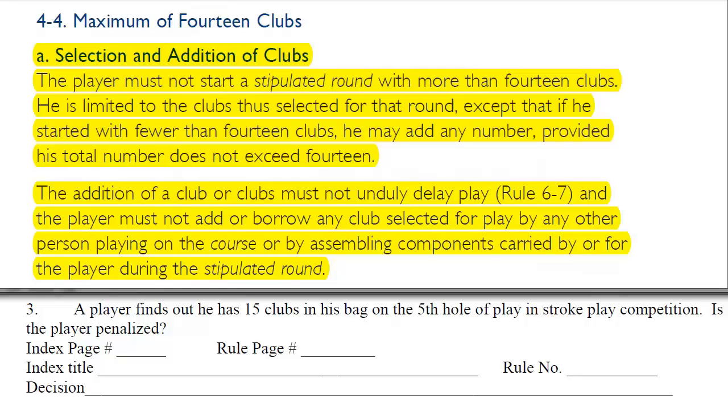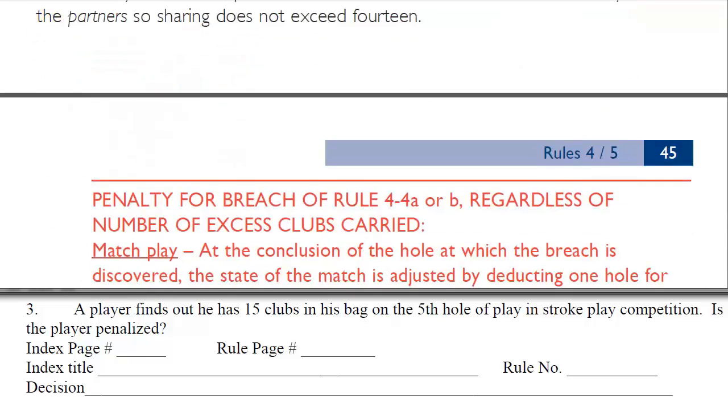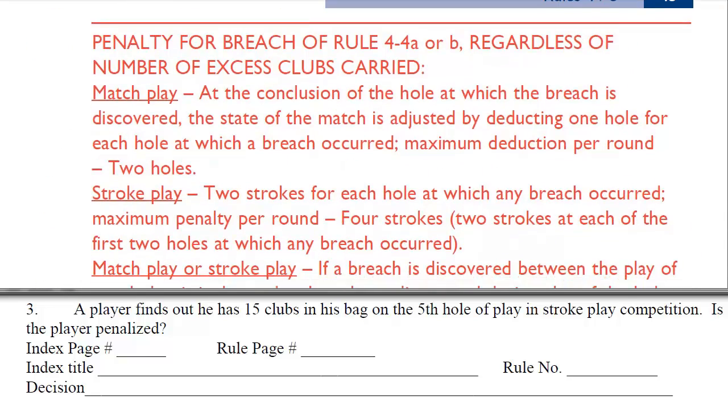The addition of a club or clubs must not unduly delay play, and the player must not add or borrow any club selected for play by any other person playing on the course, or by assembling components carried by or for the player during the stipulated round. So 14 clubs is his max at any point during the round. He's exceeded that, and let's go into the penalty here.